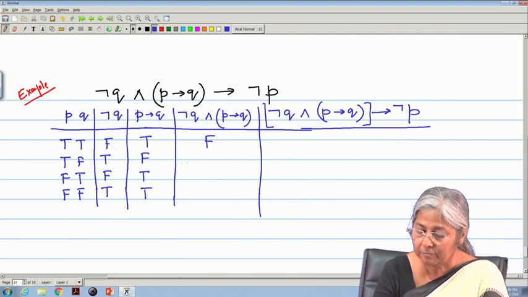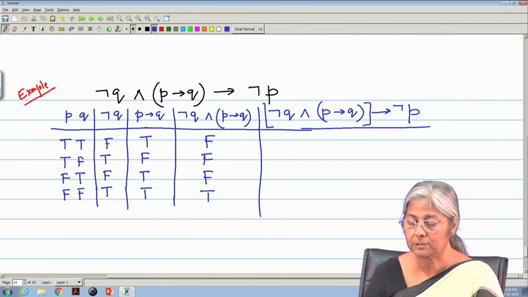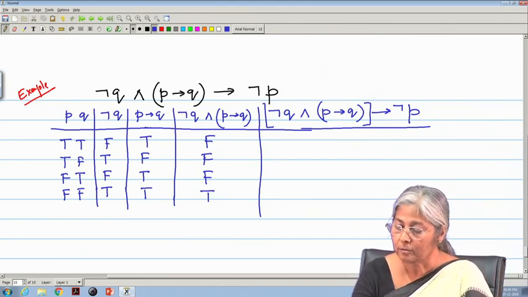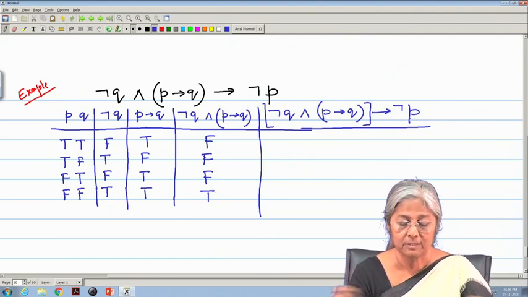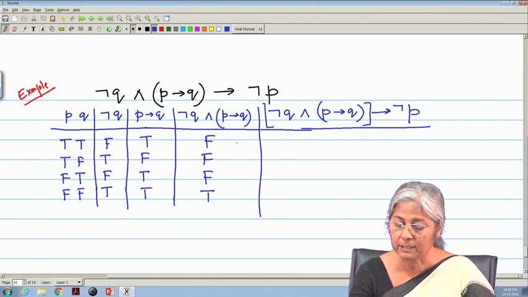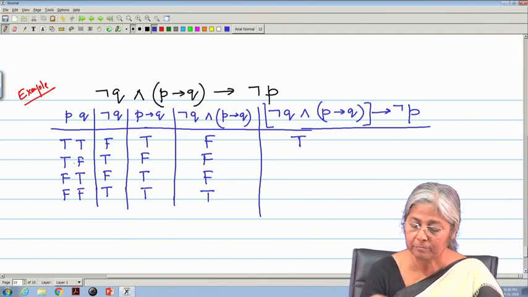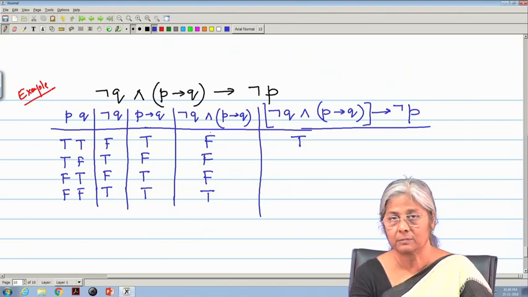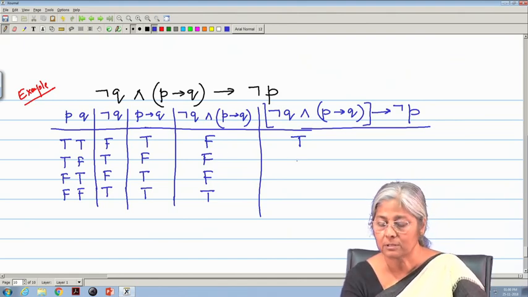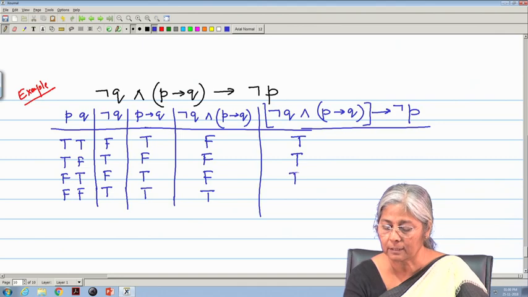So, F, F, F only, this one will be T. Now, this implies negation p. So, negation p is F. So, F, F it is T. Again F. So, all 3 F's I can directly write vacuously true.